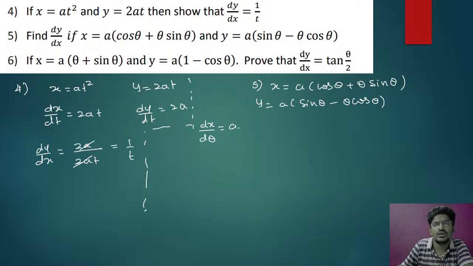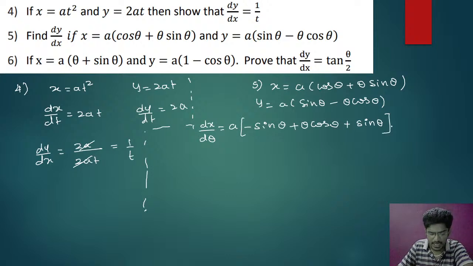That will be, a is constant, I will write it as it is, cos differentiation is minus sin, and here u into v rule you have to apply. So write plus as it is, u into v rule. So if it is u into v rule, differentiation of sin theta is cos theta, theta cos theta, plus again you write sin theta as it is, differentiation of theta will be 1, close this bracket.